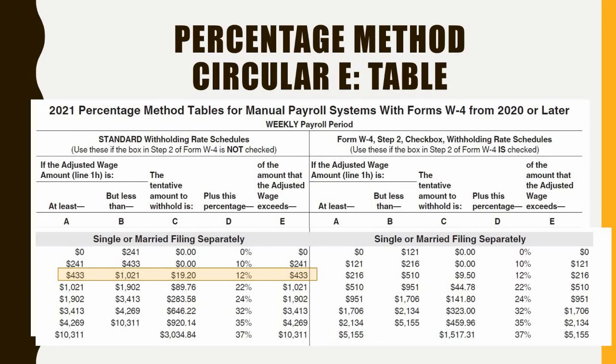So that's the amount we're trying to determine as the amount in excess. How much extra money did she earn on top of that? In this case, the government lets you keep $433 tax-free. Any dollar after that gets taxed at whatever percentage bracket you are in. So in this case, she's going to get taxed 12% per dollar.